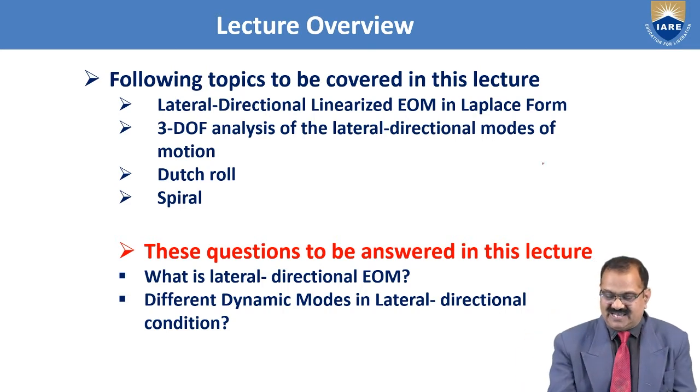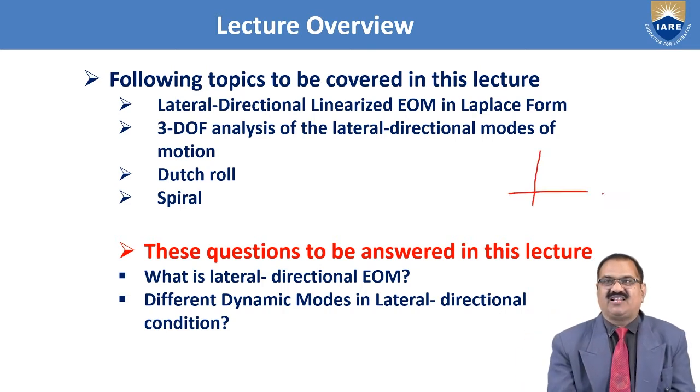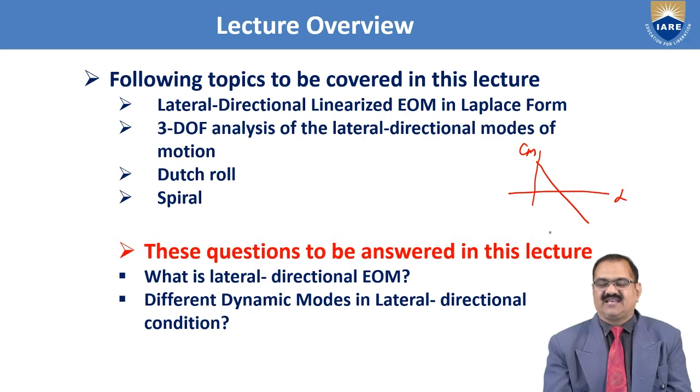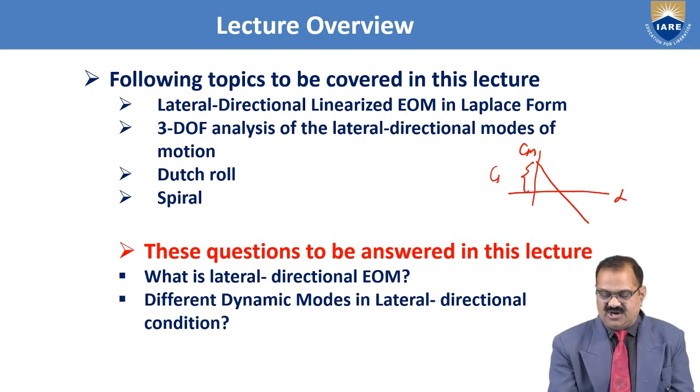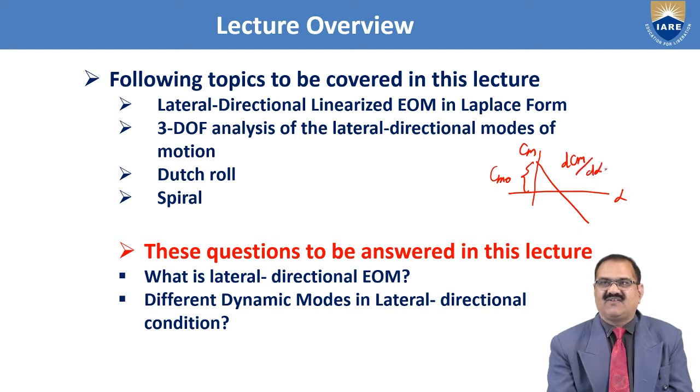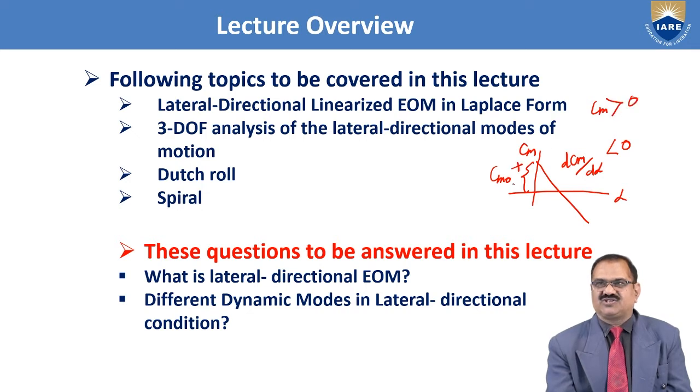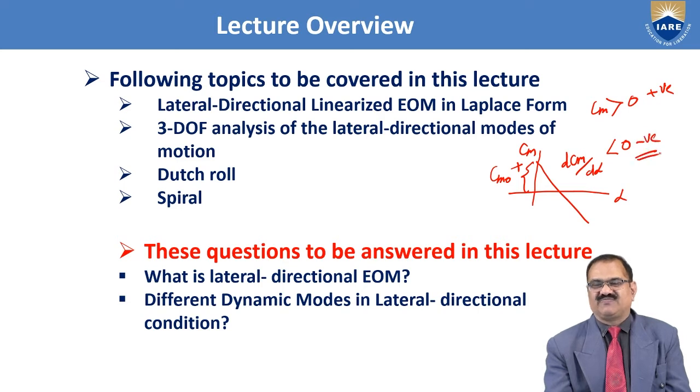If I draw the plot of Cm versus alpha, the plot should go like this. This is the Cm naught, and dCm by d alpha is less than 0, and Cm naught should be greater than 0, or positive.